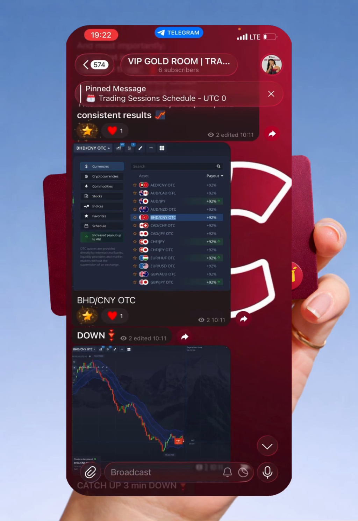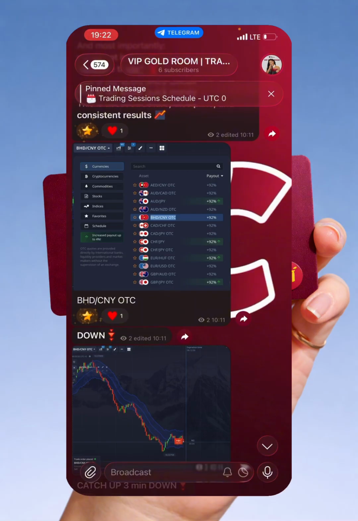Now immediately I drop a signal, because you have already prepared your account and your broker, you're just waiting for me to drop the signals following my directive. So if I drop a signal and I tell you BHDCNY OTC, for example, this is for demonstration purposes, don't take this straight. I am trading on the OTC market.